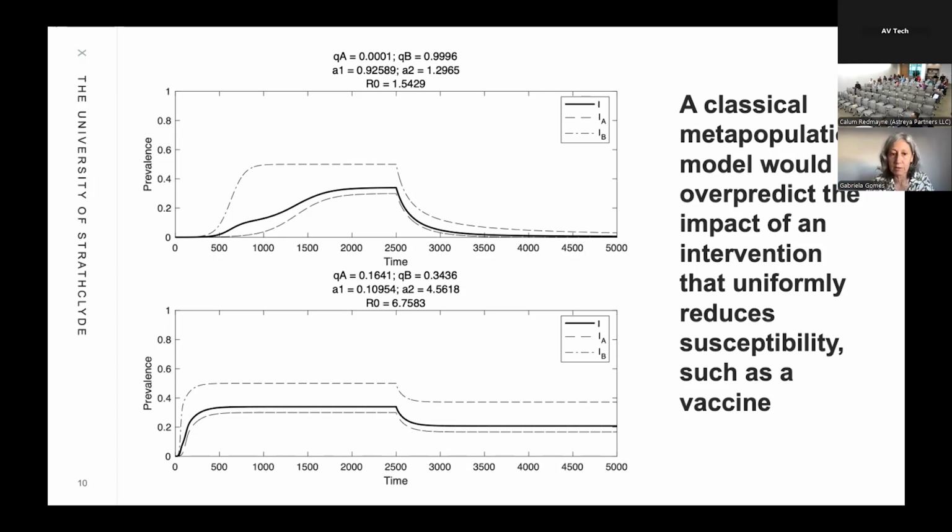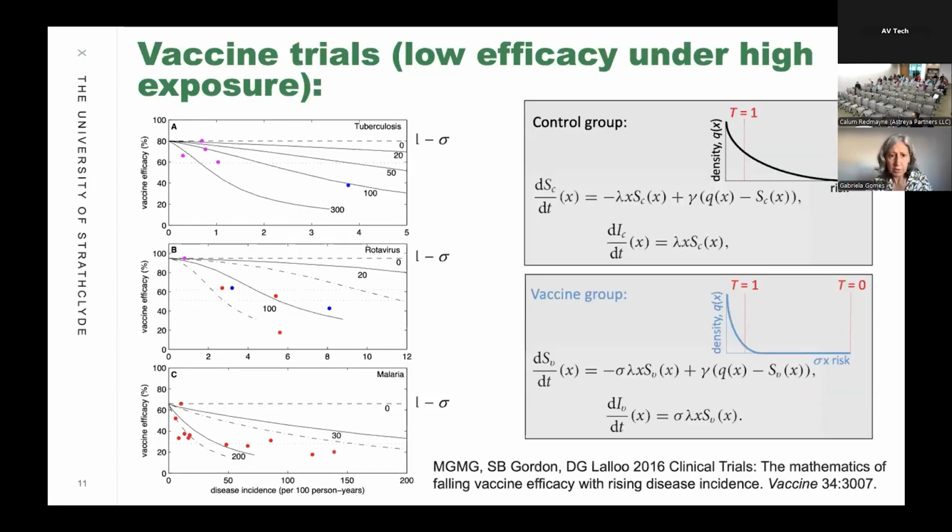So it's really important to be able to distinguish between which scenario we are in, because we may have created great expectations for this intervention, and then we apply it in practice, and it's disappointing. So that's the result here.